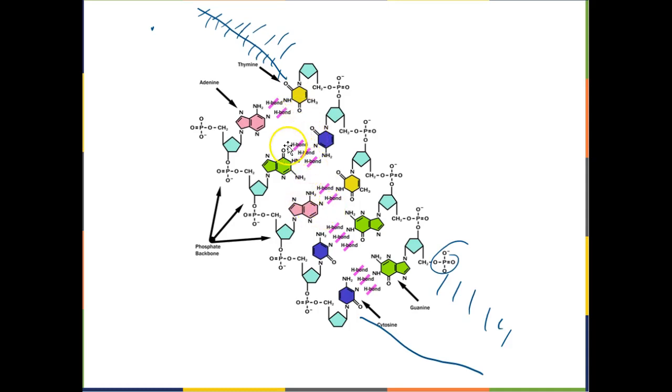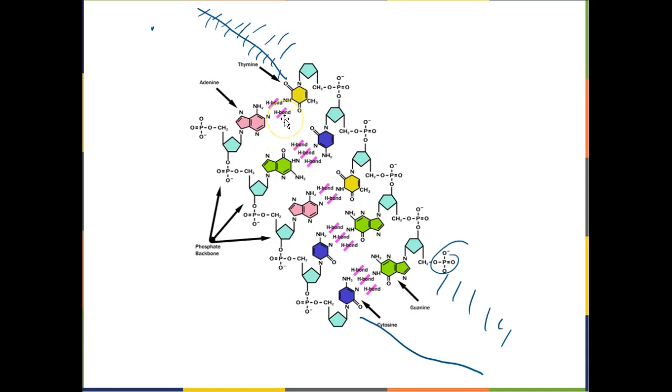And then when you do get the ones that fit, they form hydrogen bonds. So at the same time, if you tried to put, let's say, this blue, I don't know what the blue is, cytosine, here across from your thymine, C across from T, it would be too short, and it wouldn't be able to bridge the gap between this side of the molecule and that side of the molecule.